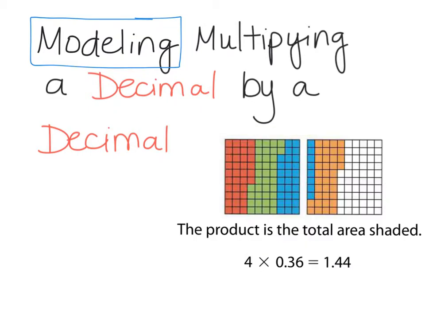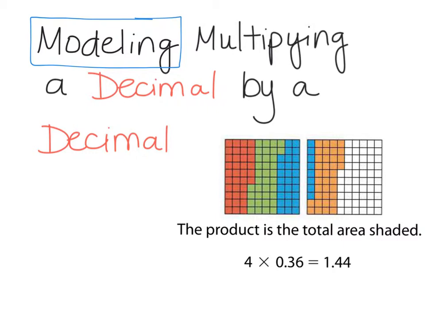Okay, so here's what you did on Monday: modeling the product of a whole number times a decimal number. You were coloring in multiple equal groups of the same decimal amount. In this case, it was 4 groups of 36 hundredths.